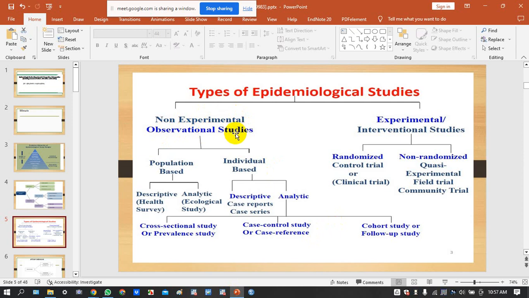For the experimental or interventional studies, it's either a randomized control trial, and a randomized control trial is also called a clinical trial. Then a non-randomized control trial is also a clinical trial. You are given an intervention, but over here you don't randomize.